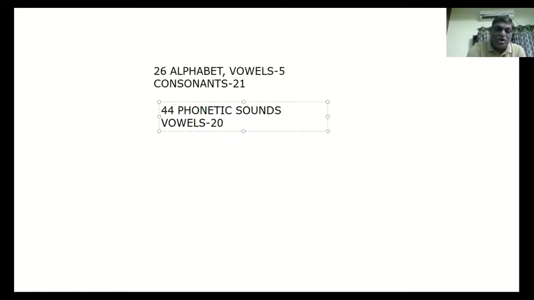Similarly, consonants are 24. So 44 phonetic sounds are there, out of which there are 20 vowel sounds and 24 consonant sounds. Why are we talking about this? Because if you go alphabet wise, you have only 5 vowels and 21 consonants.